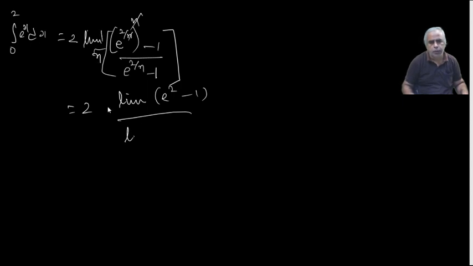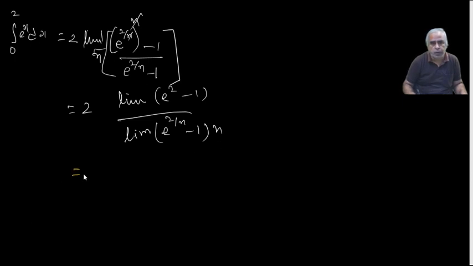So 1 by n, you can put limit, and then e power 2 by n minus 1 into n. So what we can do is, you can reciprocate this.